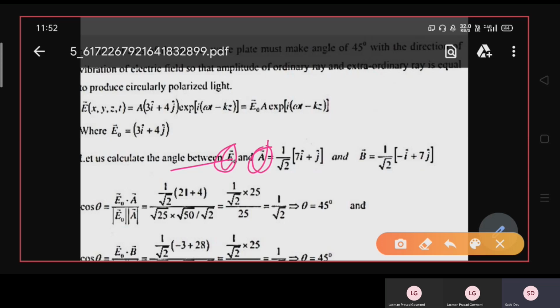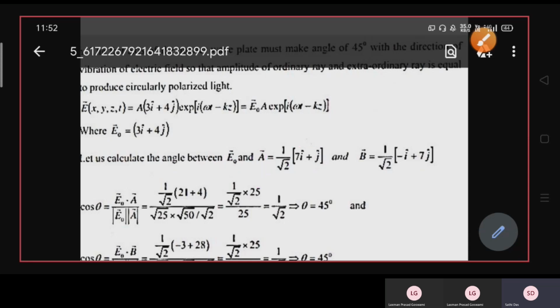So you take the options. First we take option A as 1 by root 2 (7 i cap minus j cap), and B as 1 by root 2 (i cap plus 7 j cap).